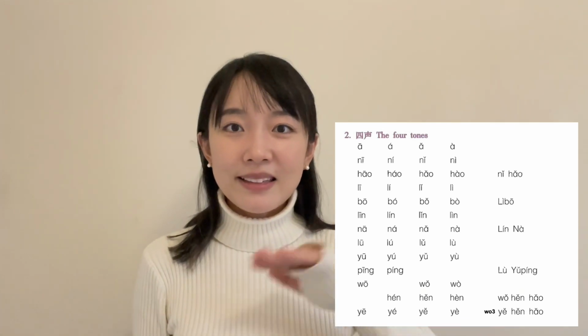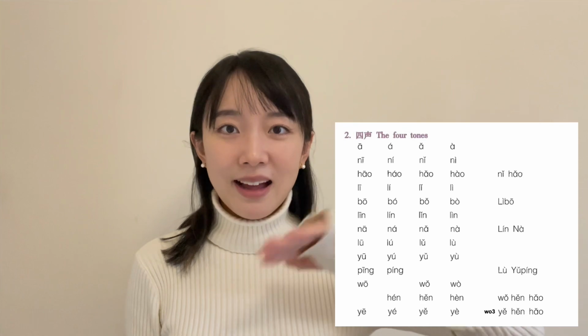So here are three third tones together. Remember, keep the last one as the third tone, and the previous ones all change to the second. Wo hen hao, wo hen hao. Okay. Last one. Ye hen hao, ye hen hao.